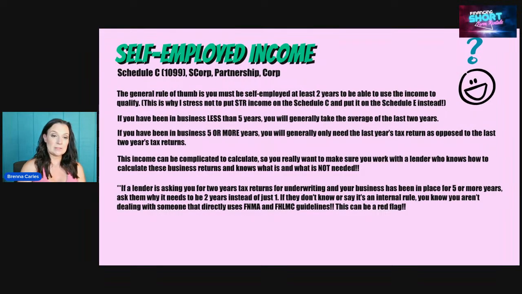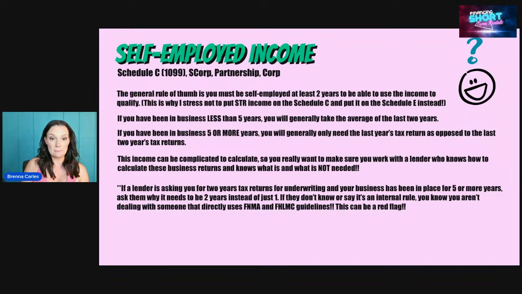Now, self-employed income. So that's Schedule C, which is 1099. So you may not recognize what Schedule C is, but if you get a 1099, if you're a realtor, anything like that, you're probably going to get a 1099, which will go on a Schedule C. Or you have a separate business return, which is an S Corp or a partnership or a C Corp, anything like that.